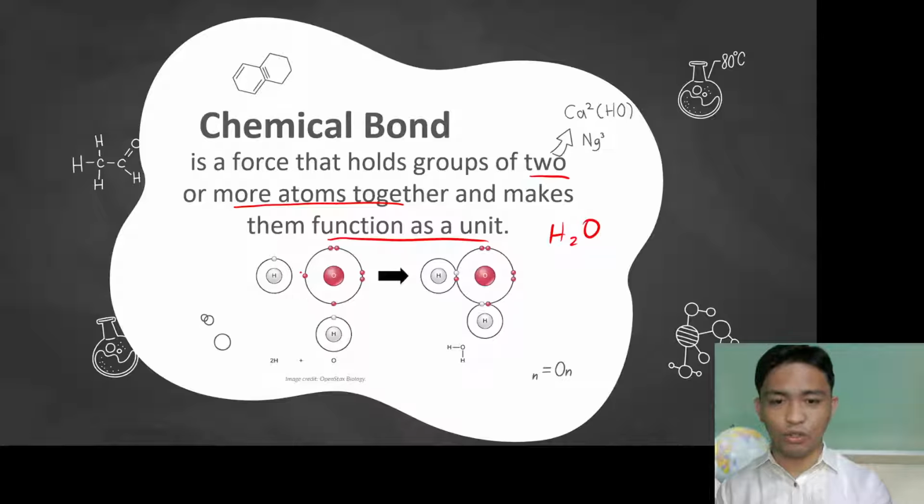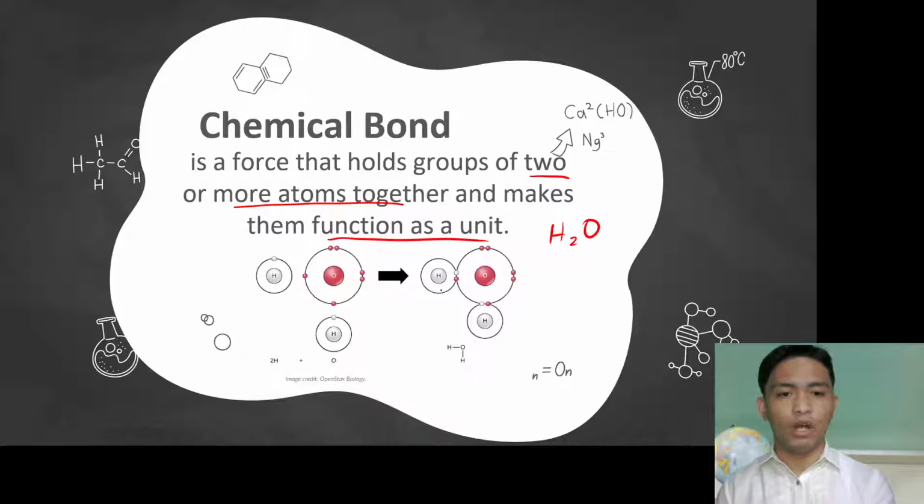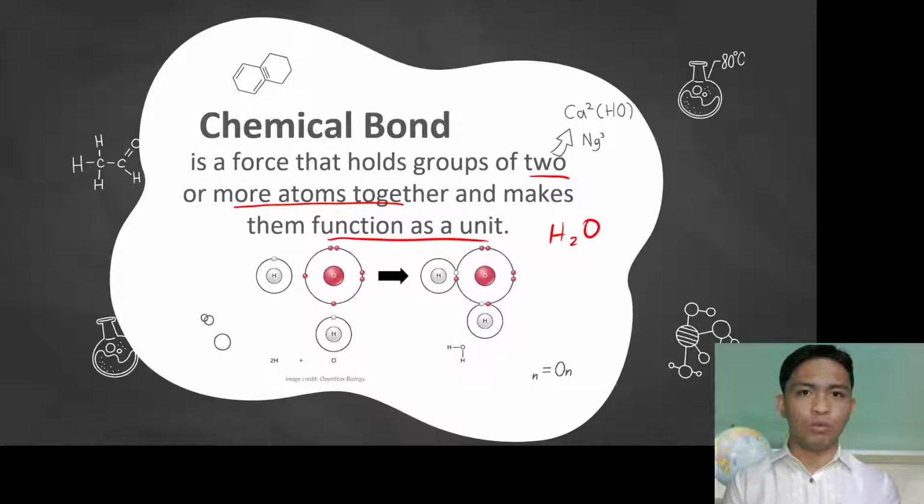Initially, ganyan siya, no? But because of this force of this chemical bond, it actually holds these two hydrogen atoms together with the oxygen. So after this chemical bonding, pag nabuo na itong ating water, yung properties niya is already different from hydrogen alone or with oxygen alone. It forms a new unit which functions on its own.